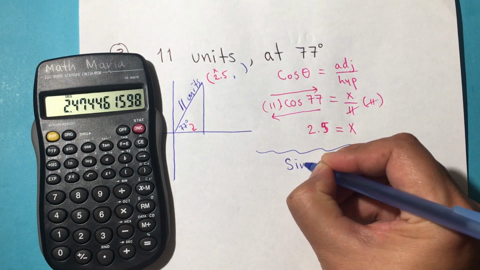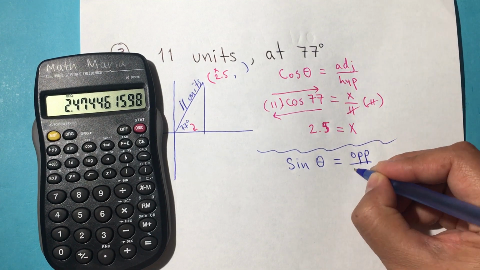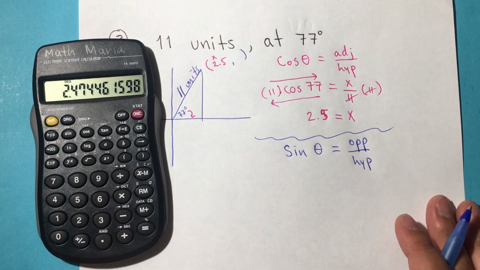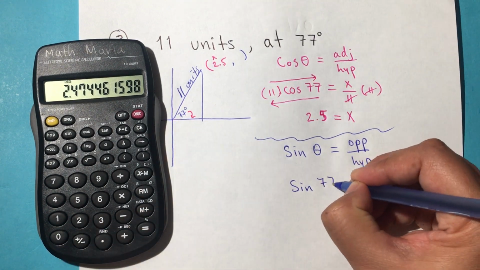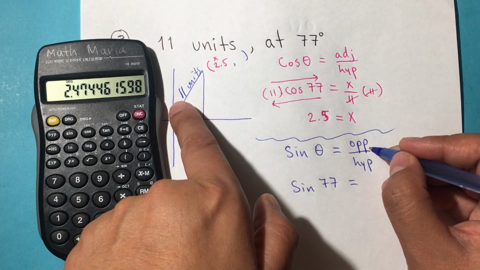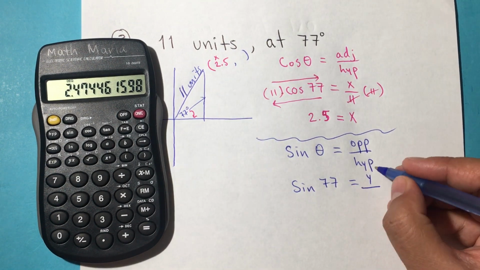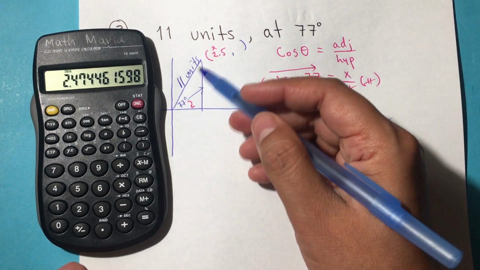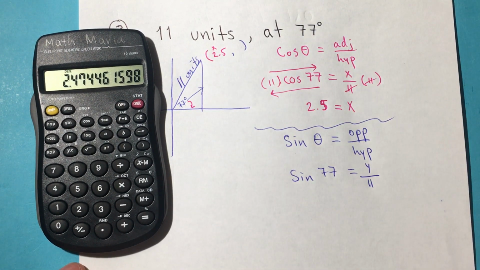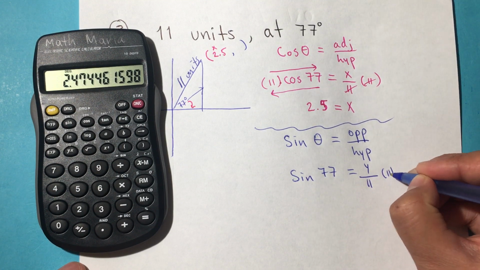So for y, it's going to be sine of theta equals opposite over hypotenuse. Sine of 77 equals opposite, which is your y, and hypotenuse is 11. It's the radius of that circle, or the hypotenuse. And if we're dividing by 11, we multiply by 11.